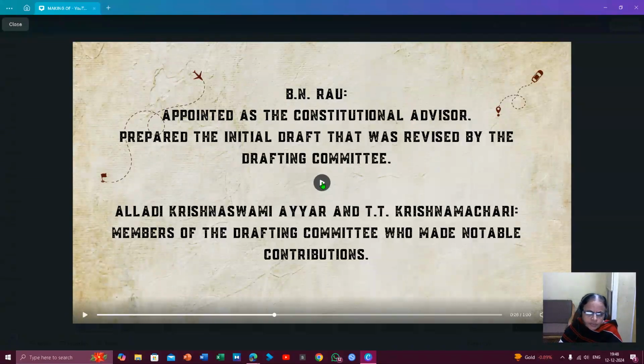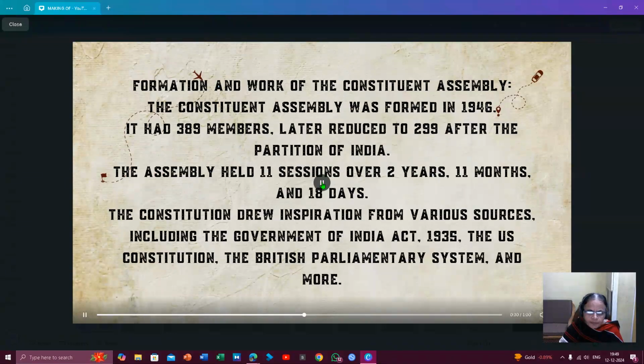Then Alladi Krishnaswamy Iyer and T.T. Krishnamachari, these two people were also members of the drafting committee who made notable contributions. They set which article should be in which place. They set everything. If we see the formation, the Constituent Assembly was formed in 1946.